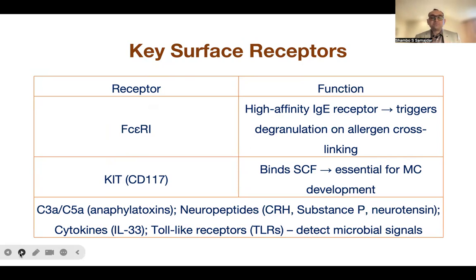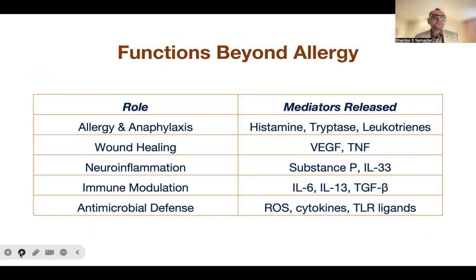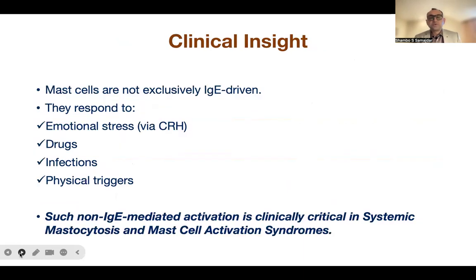And when we talk about function, it is beyond allergy. It is not only allergy, where we can see mediators like histamine, tryptase, or leukotrienes perform. But apart from that, mast cells are important for wound healing, neuroinflammation, immune modulation, and antimicrobial defense.